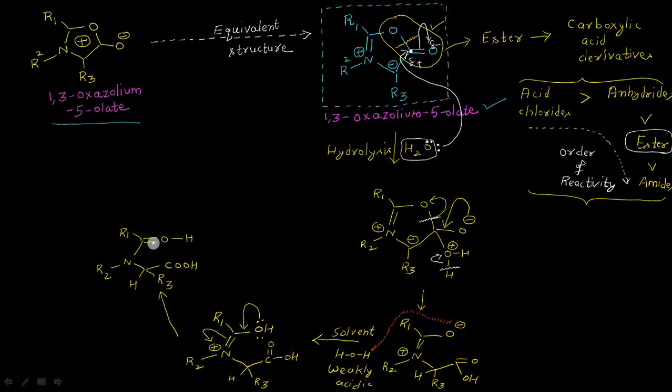So now, because the positive charge on this nitrogen has been dispersed, but still we do have something charged here, and that is this oxygen atom, because it is forming one pi bond here and two sigma bonds. So I need to show a positive sign in this way here, right?